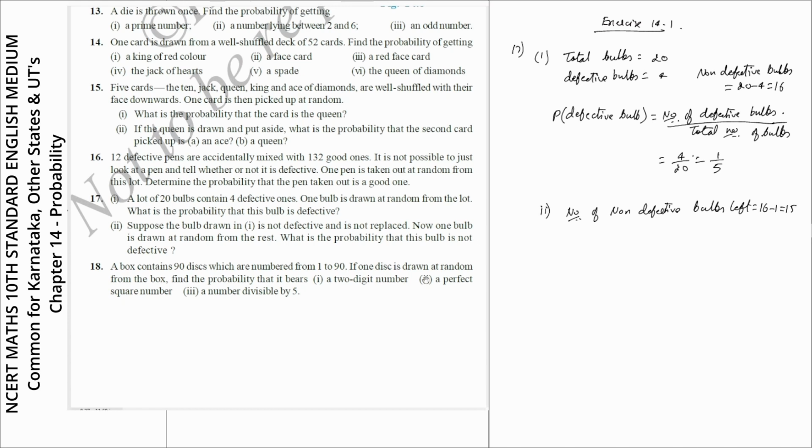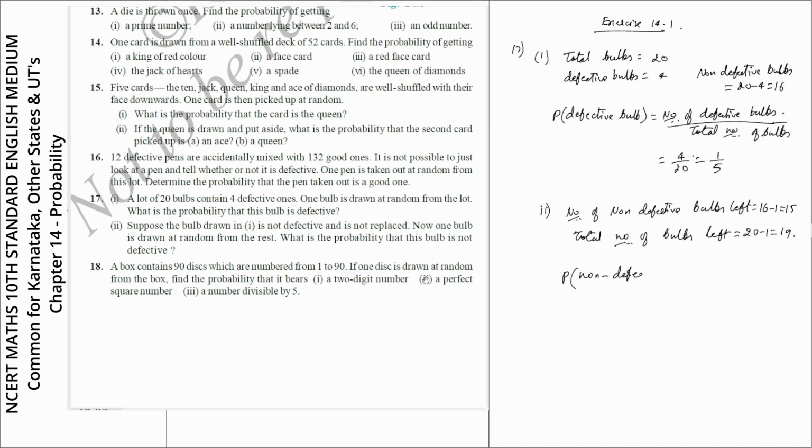Okay, and after situation 1, total number of bulbs left is equal to 20 minus 1 is equal to 19. Now again if I pick a bulb, what is the probability that I'll pick a non-defective bulb?